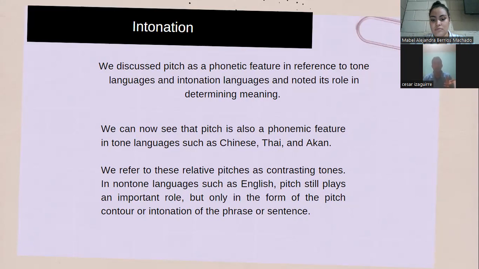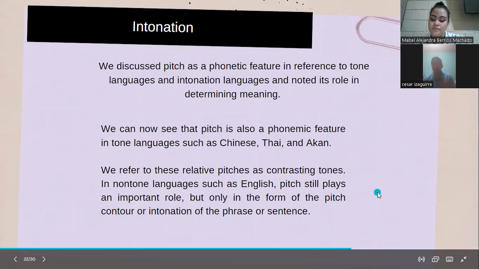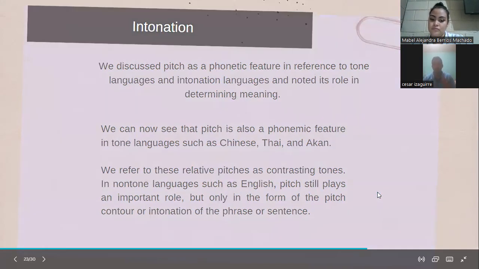We refer to these relative pitches as contrastive tones. In non-tone languages such as English, pitch still plays an important role, but only in the form of the speech contour of the phrase or the sentence.